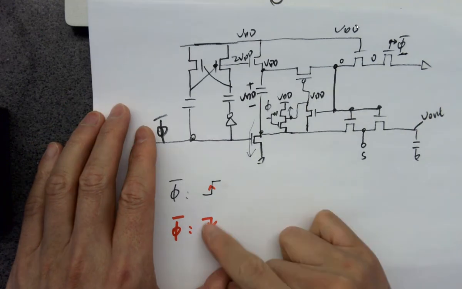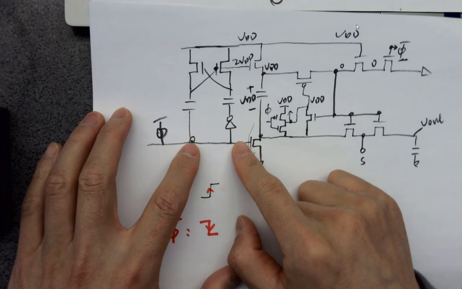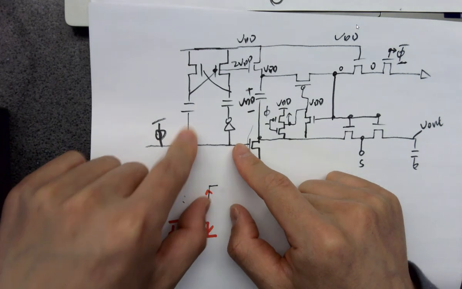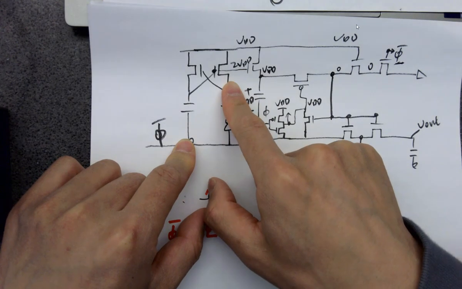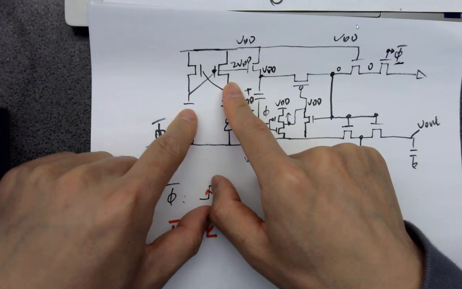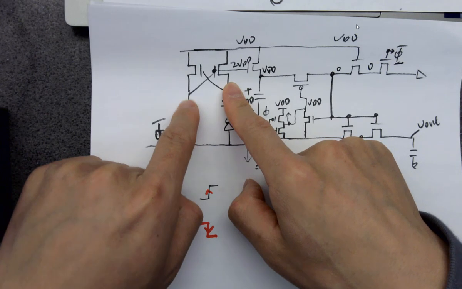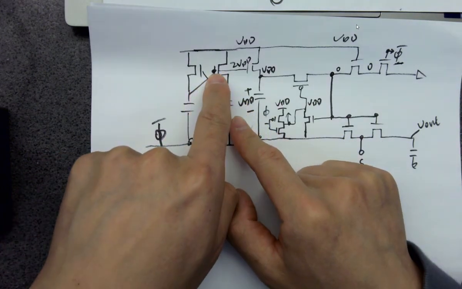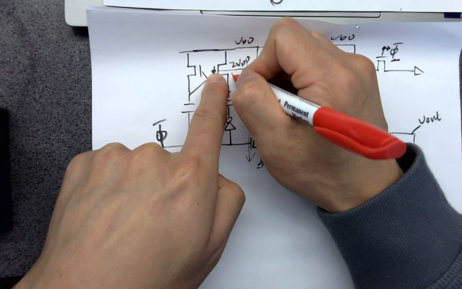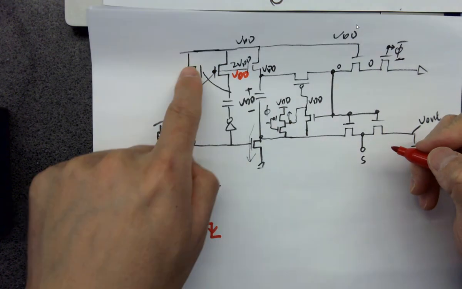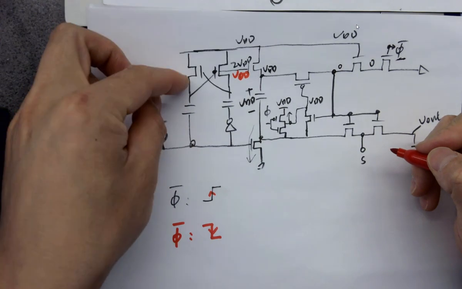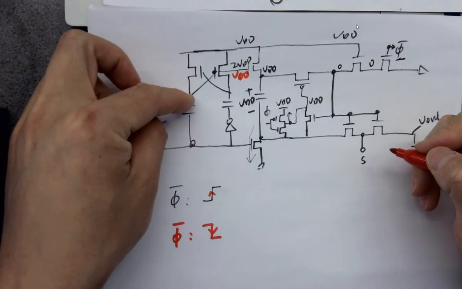Okay, so whenever it's the falling edge, this one is doing what? This is pulling, and this is pushing. Whenever this is pulling, you are getting what over here? It's going to be VDD. When it's pulling, there will be one VDD being passed through this NMOS and arrives as source.